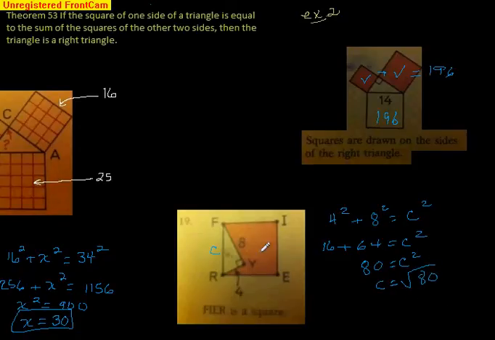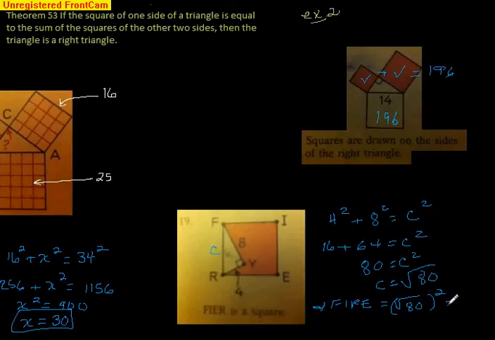And then they want to know the area of the red part. So what we need to do is find the area of the whole square, and then subtract off the triangle. The area of the whole square is going to be c squared. So the area of quadrilateral FIRE is equal to the square root of 80 squared, because to find the area of a square, we have to square one of the sides.